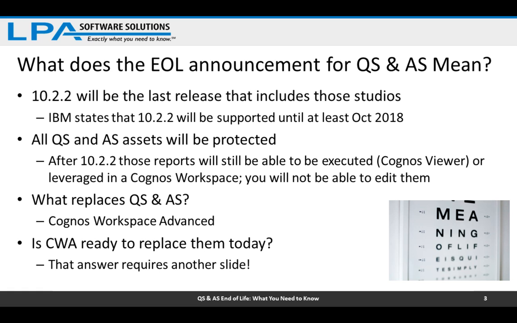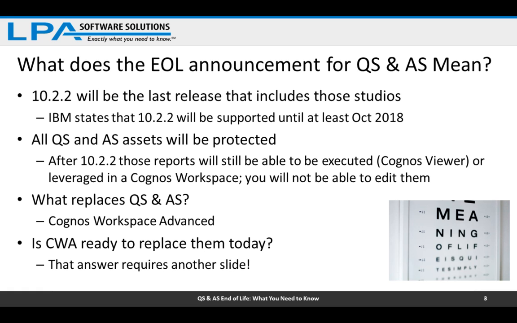My suspicion is that the couple of releases that will happen between now and October of 2018 could contain some pretty compelling things that would make you want to upgrade. So part of my conversation here is going to be about moving forward without Query and Analysis Studio so that you don't have to wait until October 2018. But for some folks, that may very well be an option versus moving quickly off of Query or Analysis Studio.